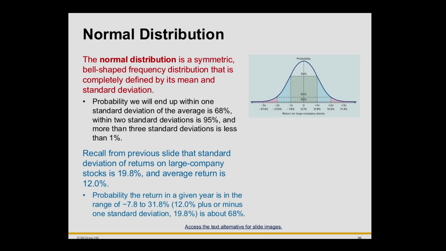Well, if we know that the average return is 12%, and the standard deviation of those returns is 19.8, one standard deviation either side is going to yield a range from -7.8 to +31.8. And that means that 68% of the time, our returns are going to fall between those two bounds.